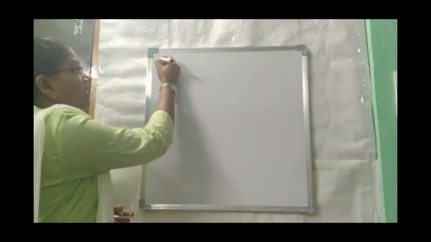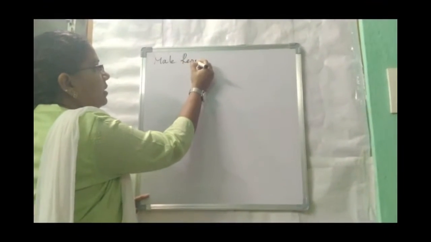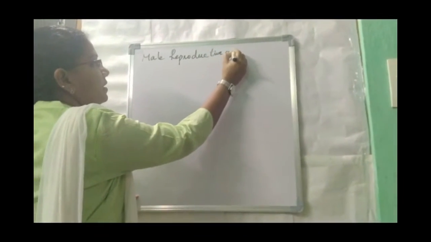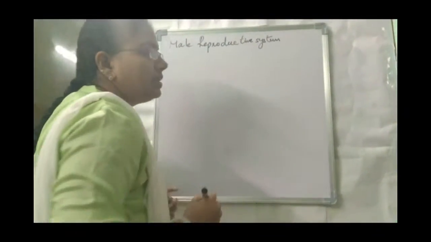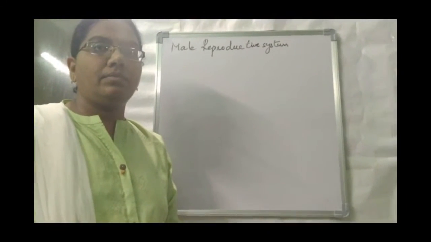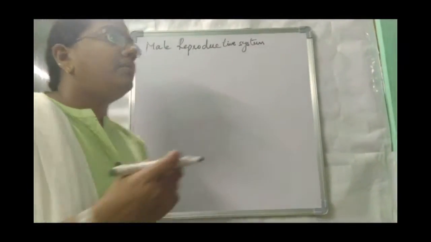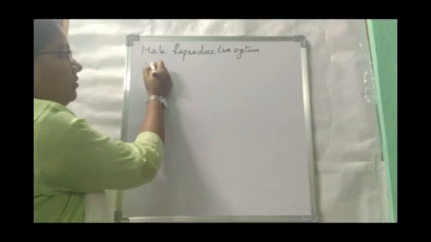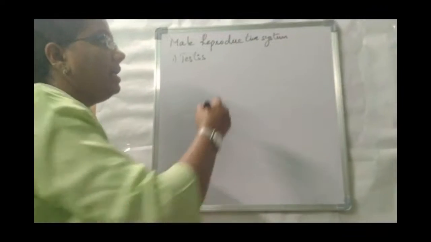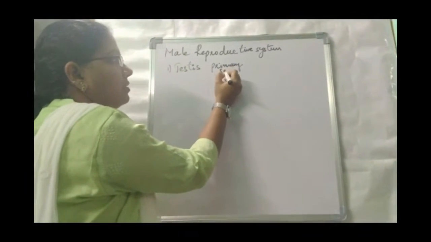The first reproductive system is the male reproductive system. In the male reproductive system, there is a pair of testes. These testes are called primary sex organs.